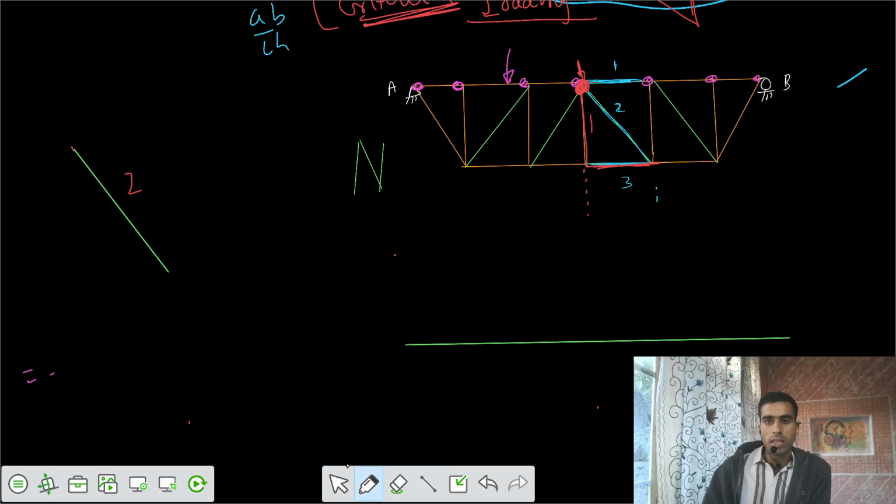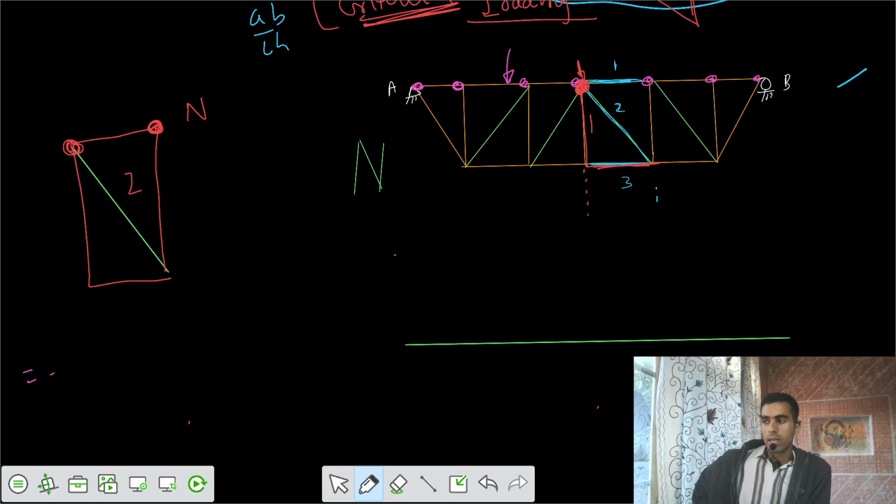So we have to see the triangles associated with it. One triangle is this one, and one more triangle is this one. Loading is applied at this joint, and loading is applied at this joint. So we have two critical locations for the diagonal member.